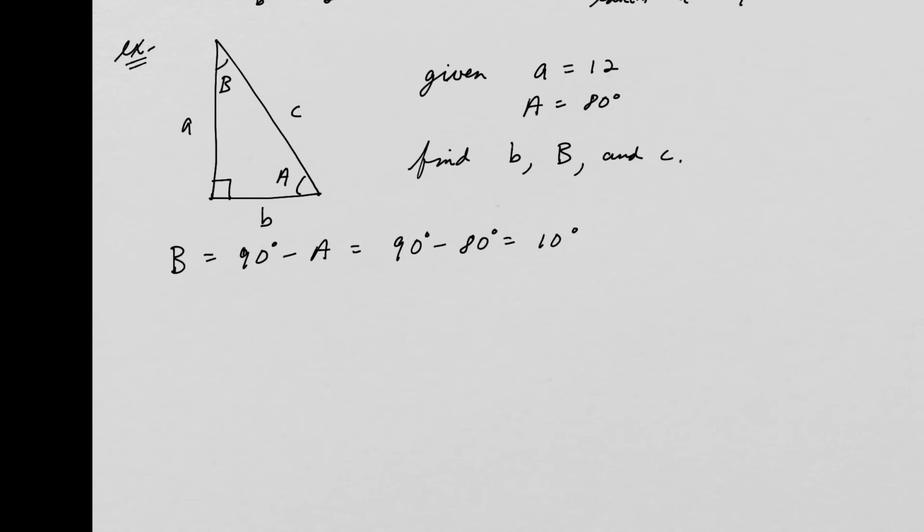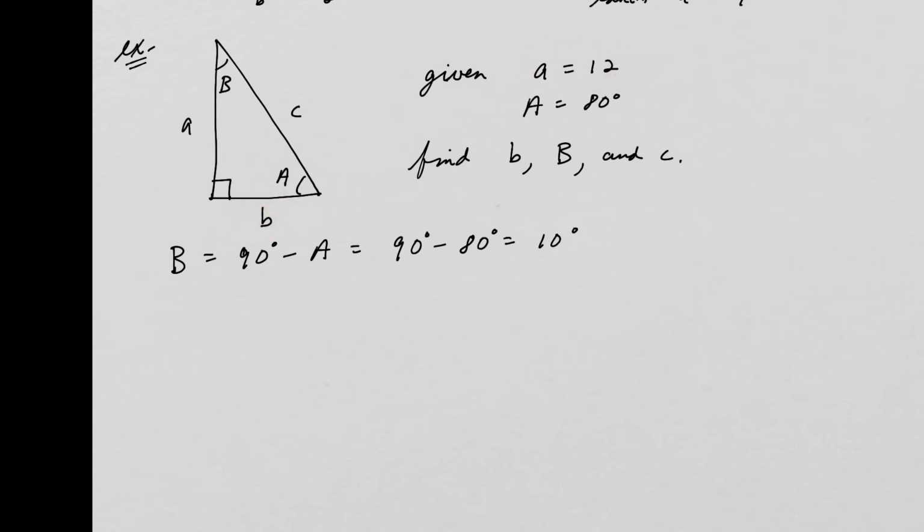And now how do I find little b? Well, based on the information I was given to start, I know little a, and I want to find little b. I also know the angle A, which was given as 80. So just based on the information I was given, how do we find little b?